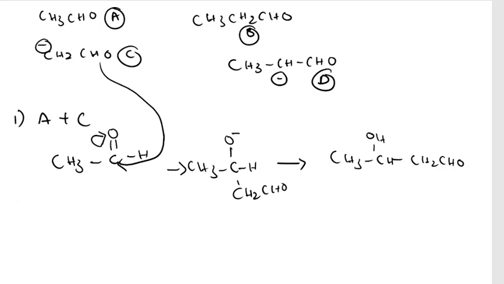Now, let us see what will happen when A reacts with the carbanion D, because we have considered the mixture of A and B, right? That's the reason why, if one molecule of B produces the carbanion D, it has the chance to attack even onto A. That's the reason I'm writing A plus D here.